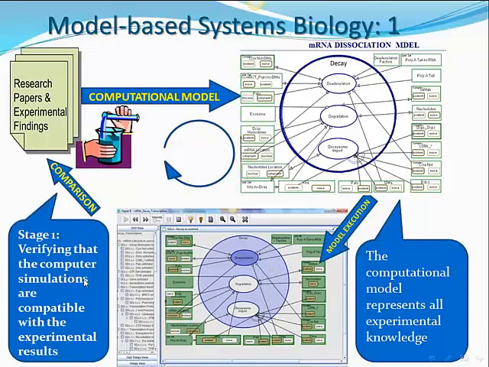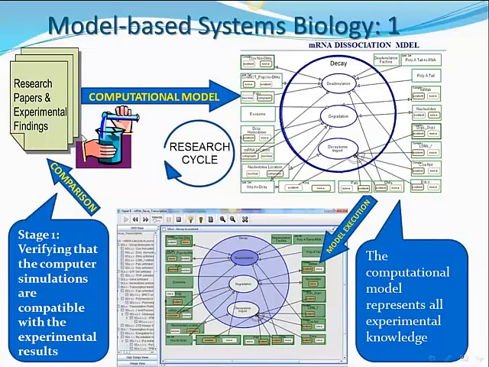In stage one, we verify that the computer simulations are compatible with the experimental results that are in the paper. And if not, we fiddle with the model until we get the behavior that reflects the experimental results.